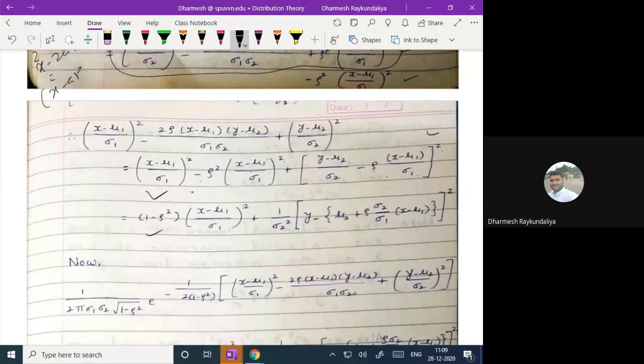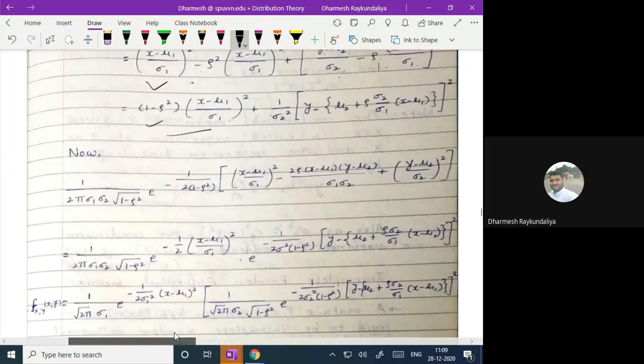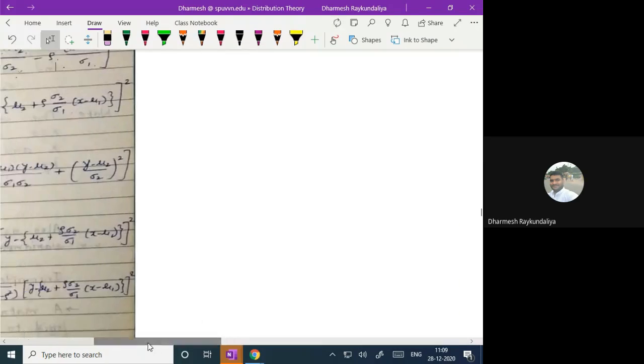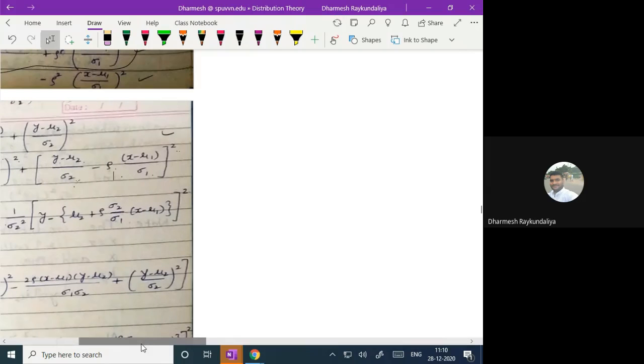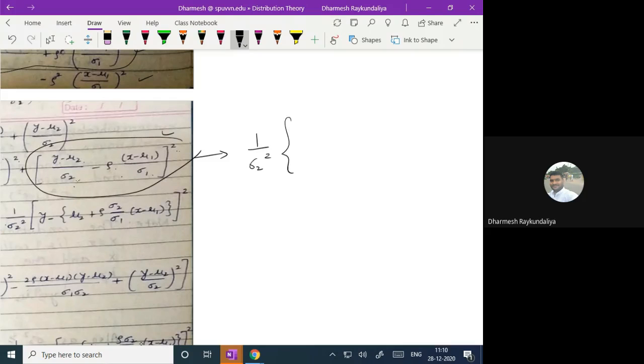It is 1 minus rho square times this, and this is nothing but, if I take 1 by sigma 2 outside, sigma 2 square comes outside, that is y minus mu2, and then this quantity I will write. If I take the sigma 2 outside, I can write it as sigma 2 square times (y minus mu2, and this is nothing but minus rho sigma 2 (x minus mu1) upon sigma 1) whole square.